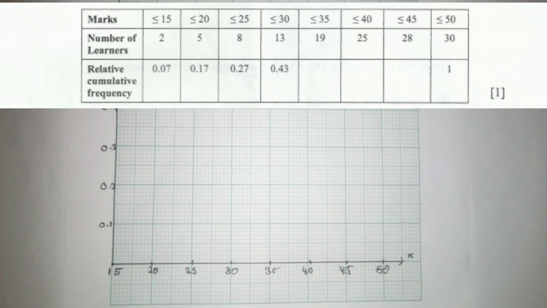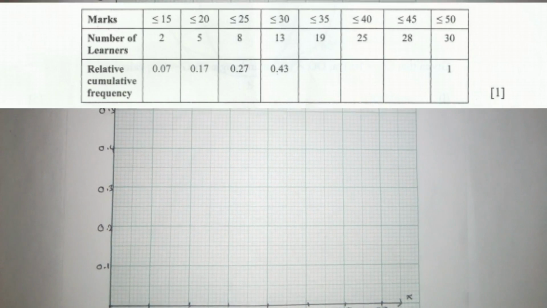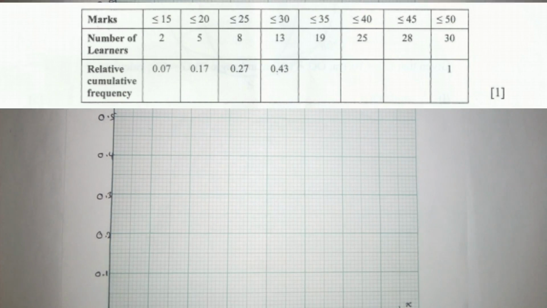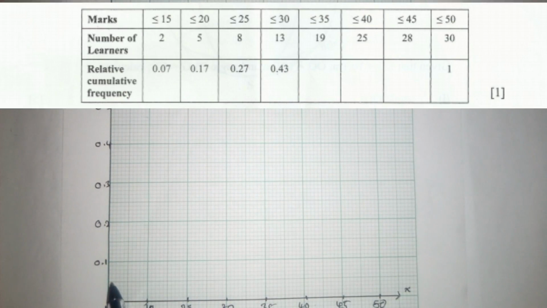The first one will be 15, 0.07. If 0.1 is here, then this is 0.01, 0.02, 0.03, 0.04, 0.05, 0.06, 0.07. It's supposed to be here.